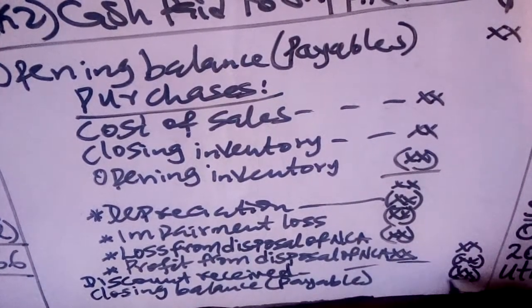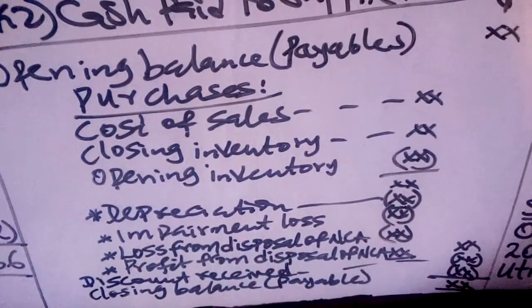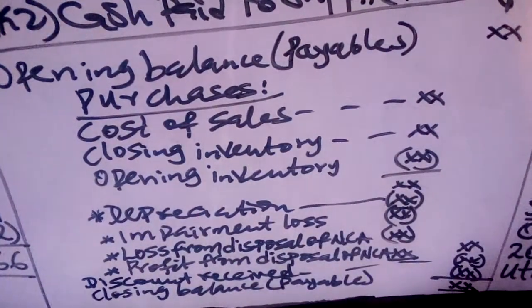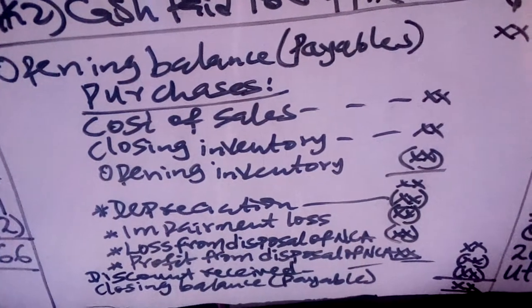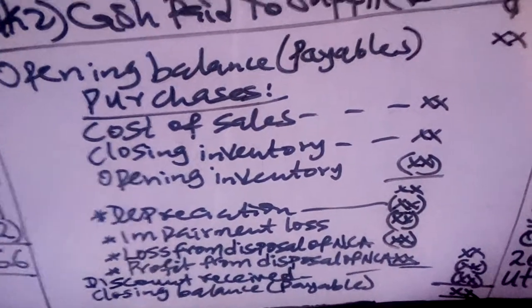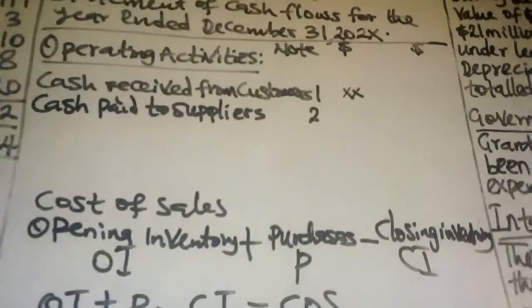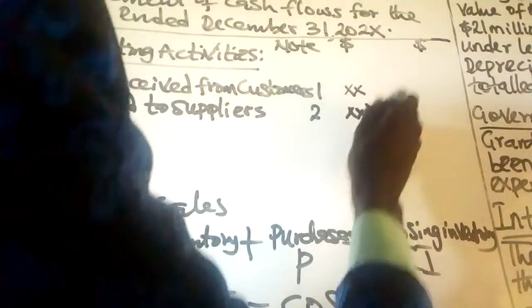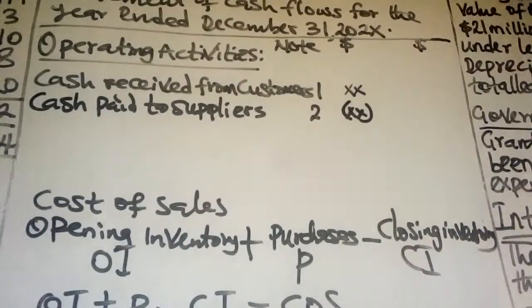After that, you get the cash paid to suppliers, the amount of cash you have paid the suppliers during the period. You are paying the suppliers, so this is an outflow of cash.